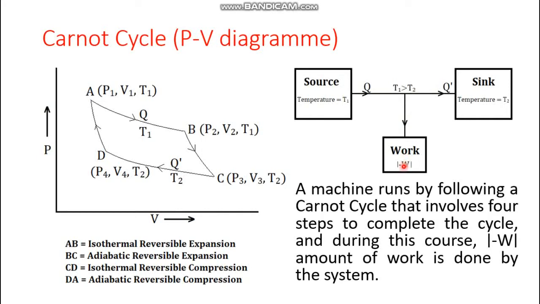Now, the ratio of work produced and heat supplied, where the heat supplied is Q, has some value, and let us find out this value in the case of the Carnot cycle.